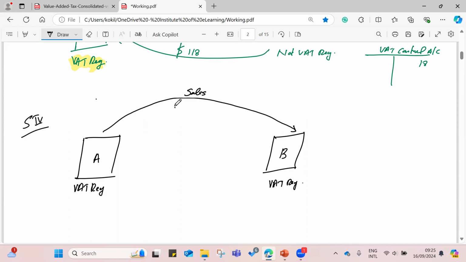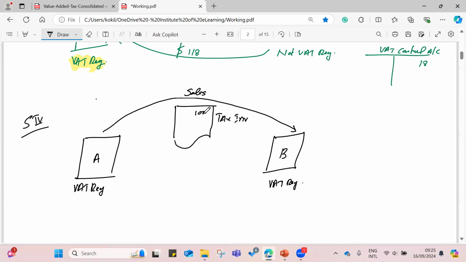Then what type of invoice should you issue for company B? You need to issue a tax invoice.